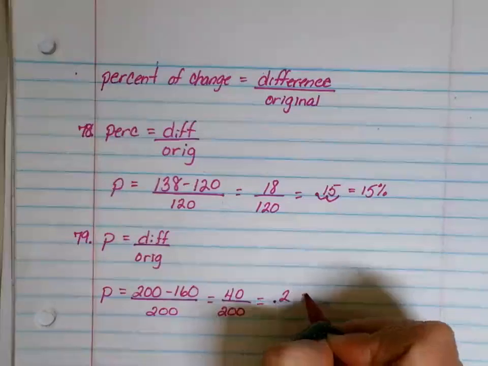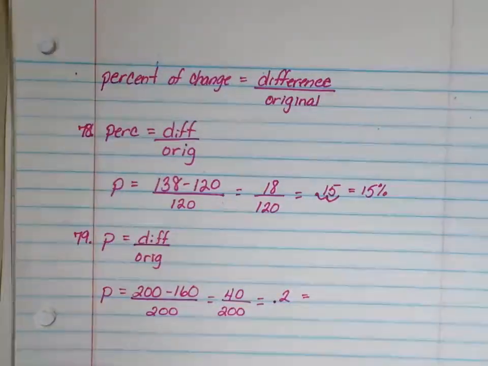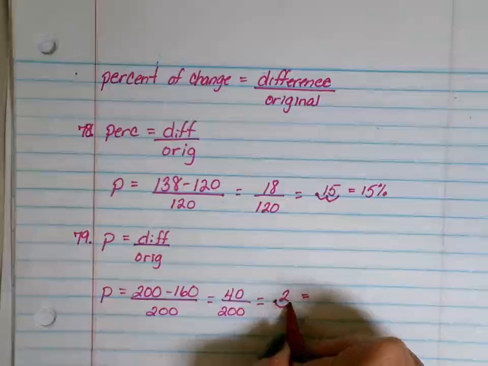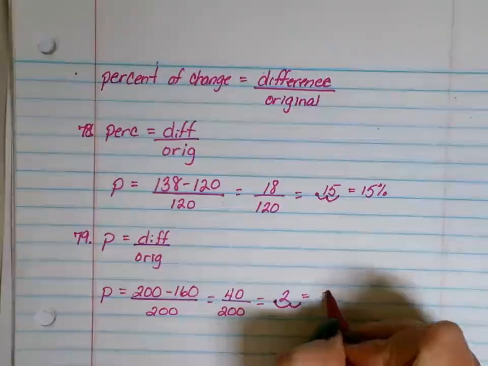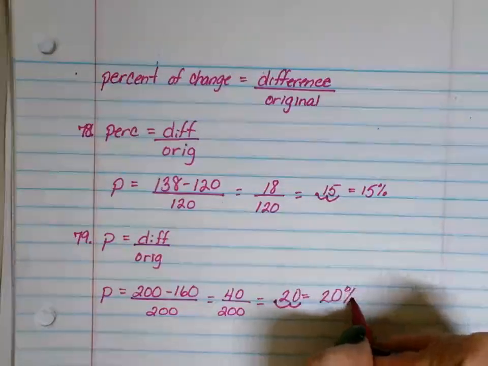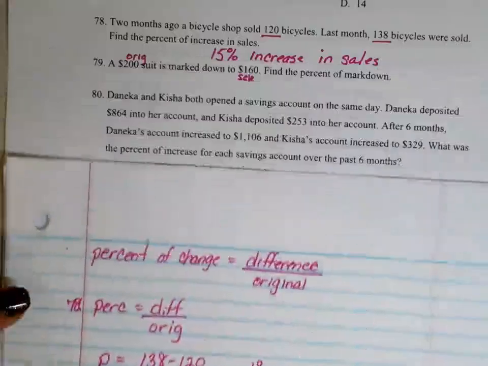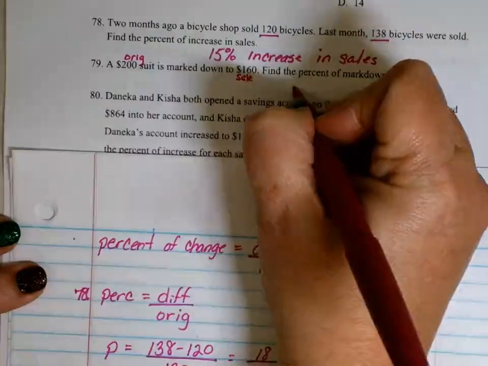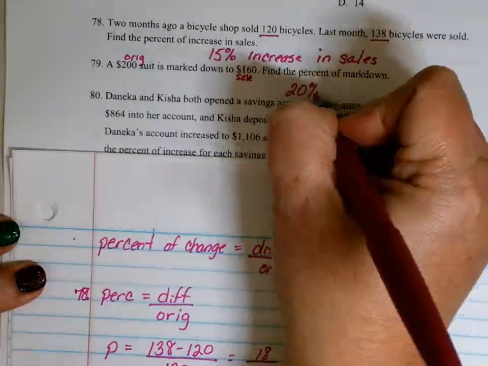And how do I write 0.2 as a percent? 0.02. No, how do I write it as a percent? 20%. It's 20%. Remember, I have to move the decimal 2 places and add the 0 in there. So it's 20%. Okay? So it is a 20% markdown.